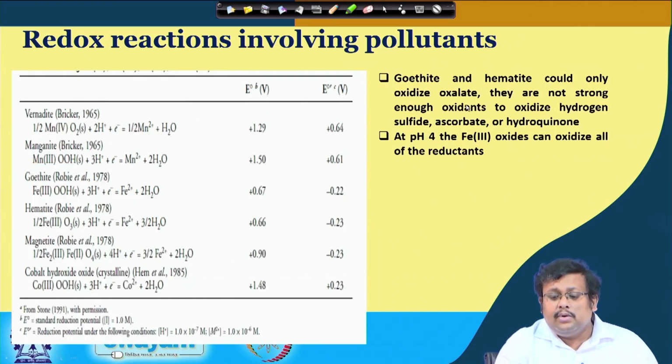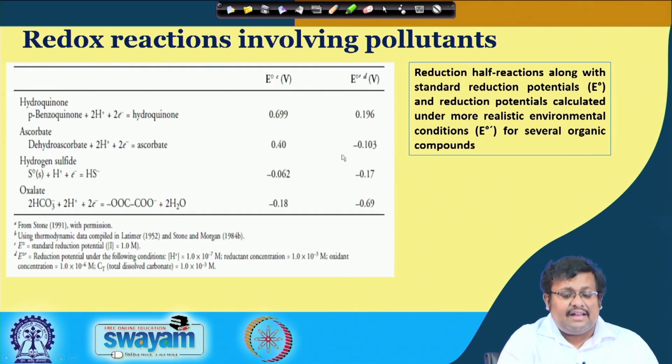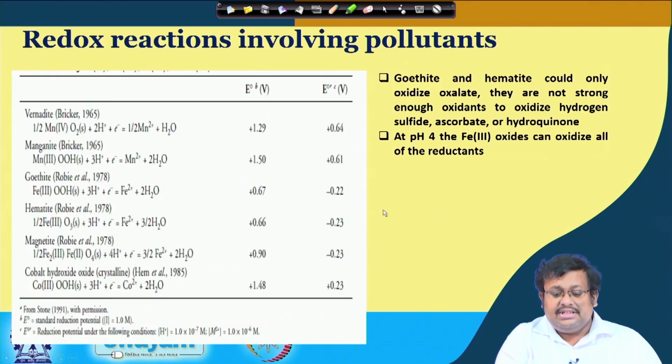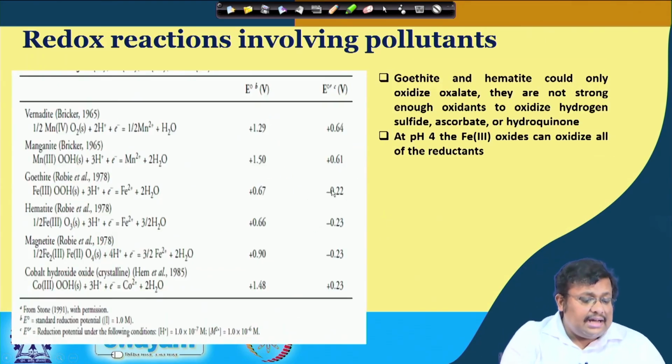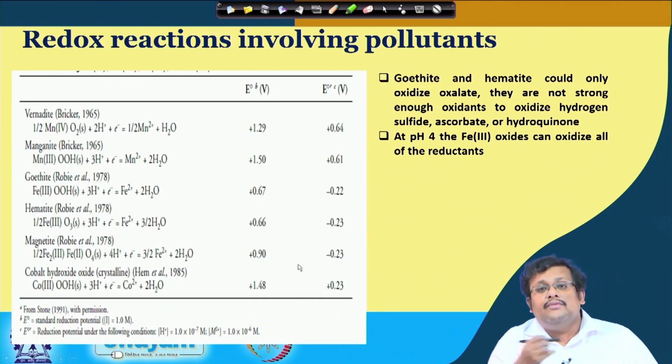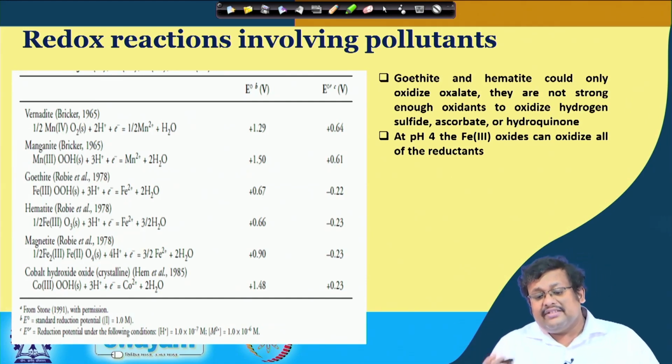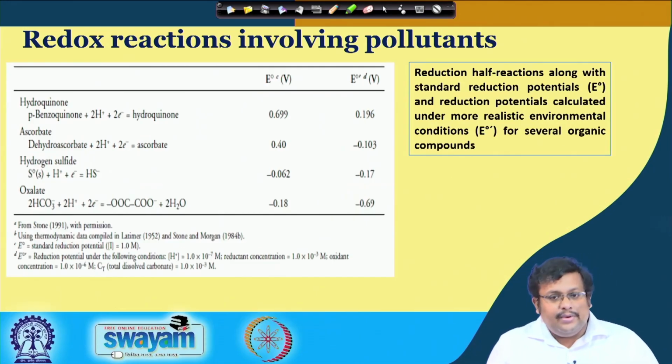As we have said, goethite and hematite could only oxidize oxalate. The redox potential of oxalate is minus 69, which is less than that of hematite and goethite. So, obviously, they can oxidize oxalate, but not the hydrogen sulfide, ascorbate and hydroquinone.